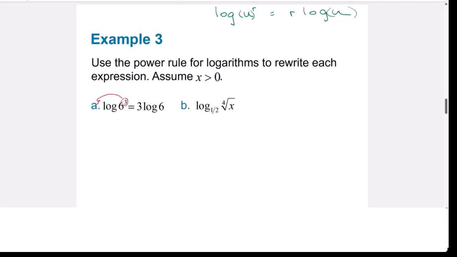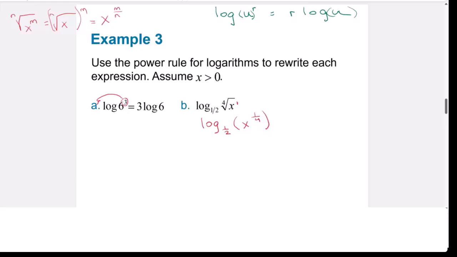And for b, let's rewrite this as the log base 1/2. And remember that the fourth root of x is the same as x to the 1/4 power. And if I have the nth root of x to the m, both of those are the same as m over n.